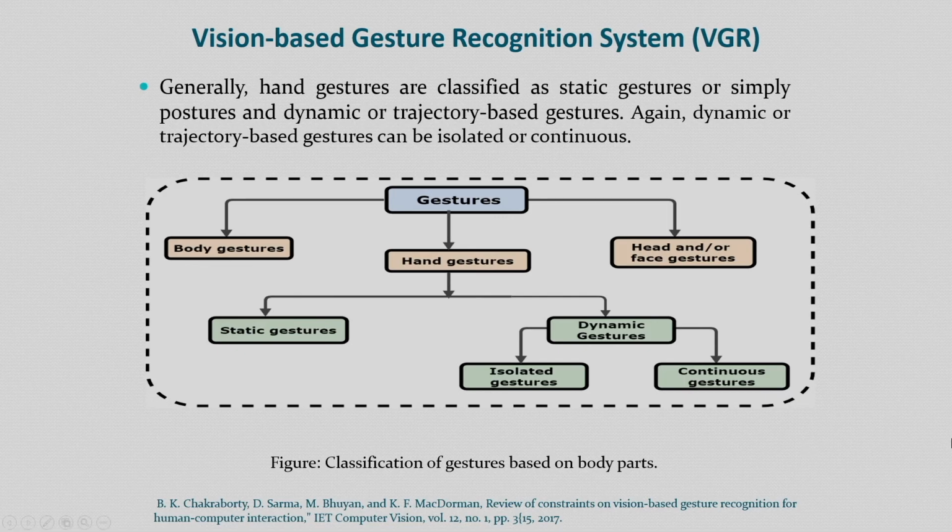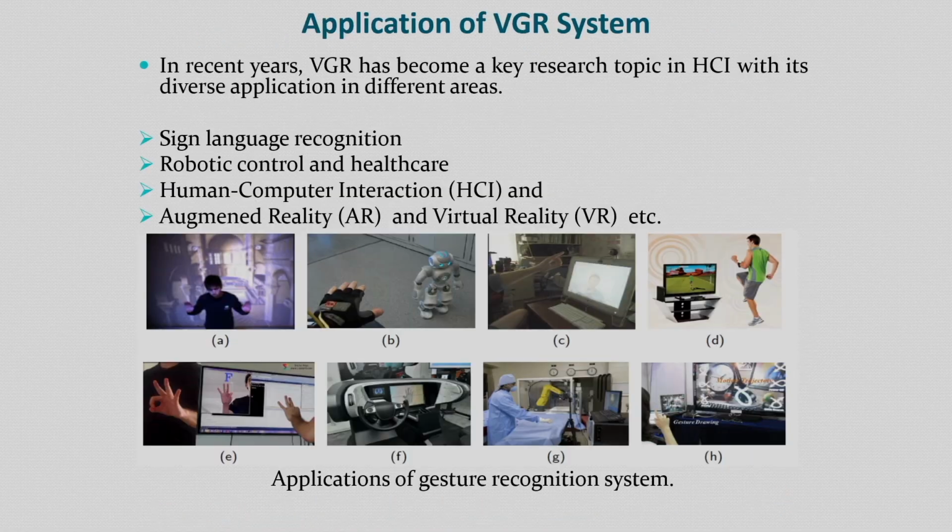So to understand these concepts, mainly the constraints on vision based gesture recognition for human computer interaction, you may see this research paper. This is our research paper. I think you can understand the concept of the vision based gesture recognition for human computer interaction. So there are many applications of the vision based gesture recognition system.